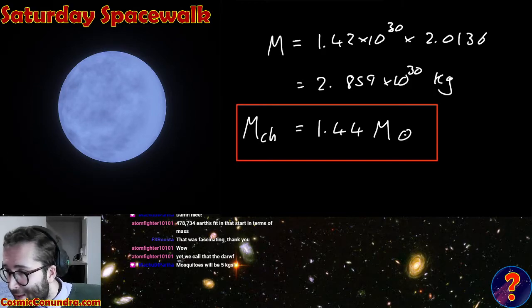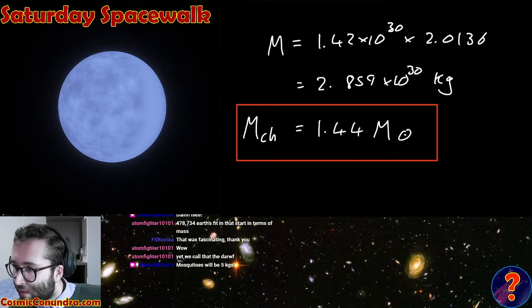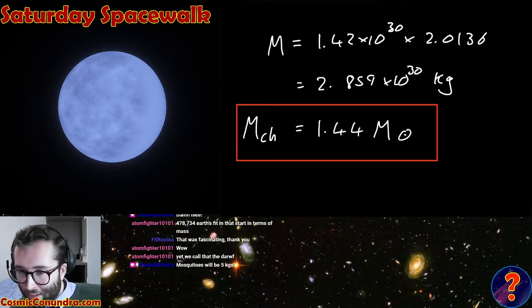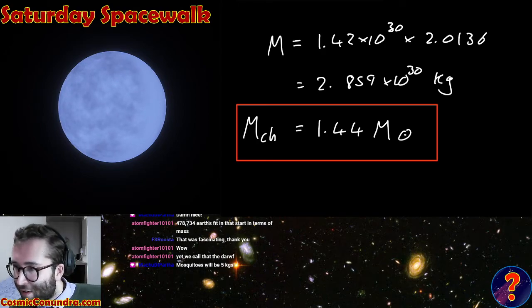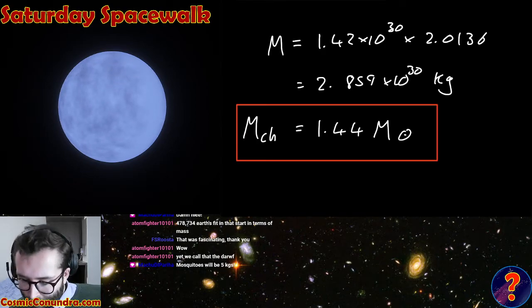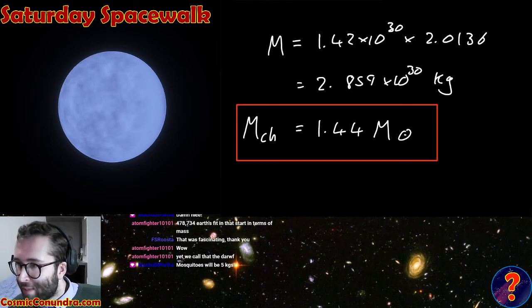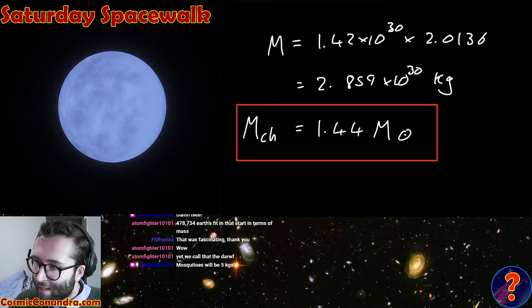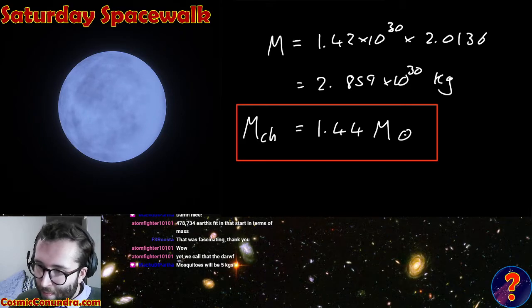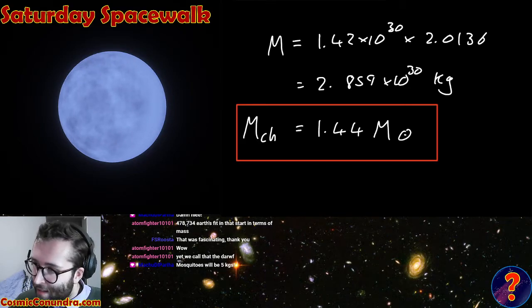This is an absolute limit on the mass of a white dwarf that we've calculated fundamentally from quantum mechanics, statistical mechanics, and some thermodynamics. We've put it all together and got a very nice astrophysics result.